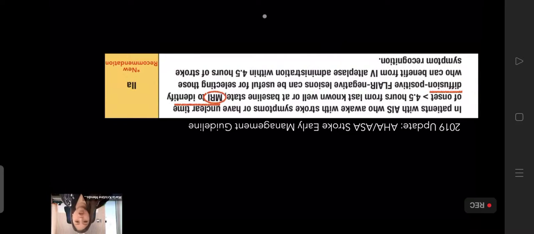Okay, so in patients who awake with stroke symptoms or have unclear time of onset more than 4.5 hours from last known well or baseline state, use of MRI to identify diffusion positive FLAIR negative lesions can be useful for selecting those who can benefit from thrombolysis within the 4.5 hours of stroke symptom recognition.